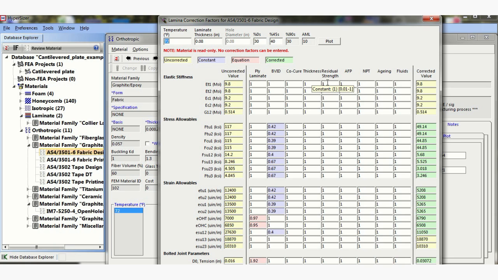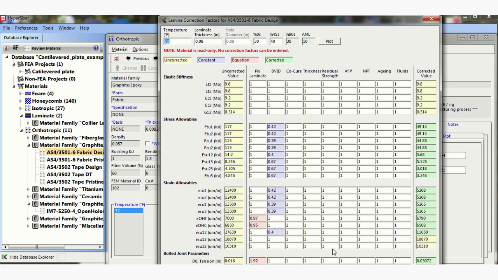The FAA rules state that your allowables must really be allowables that take into account time. And so residual strength means, what would my allowable be after 30 years of graphite in service? If you have metallics, it's the same property. For composites, we get a degradation of around 5 to 10%.